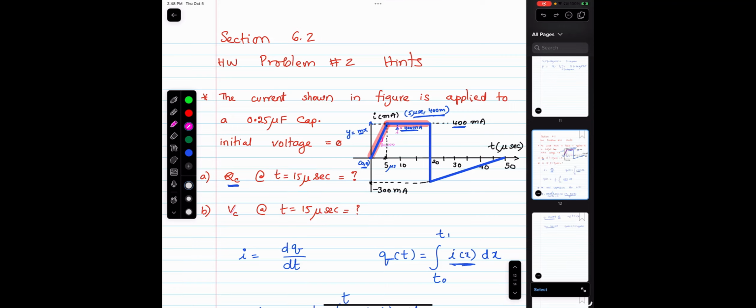Now, let us see. So this is 15 microseconds. Let me annotate this. 15 microseconds. Okay, very good.